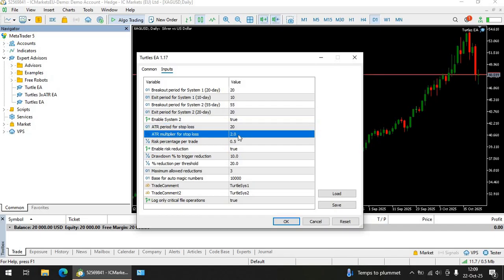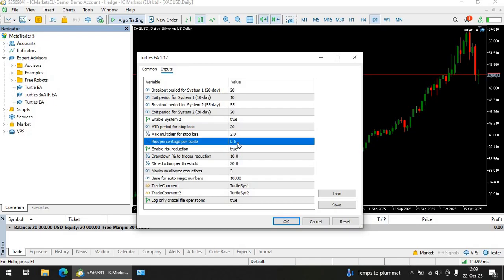Here, based on backtests, you can go 2.5, 3, 4, etc. Since it's designed to trade two systems at the same time, it has the chance to open two trades, not always, but sometimes it will open two trades at the same time, one with System 1 and one with System 2.